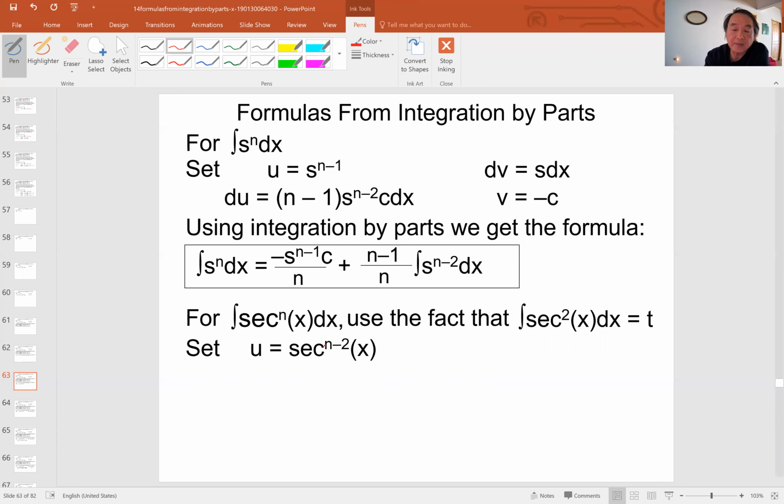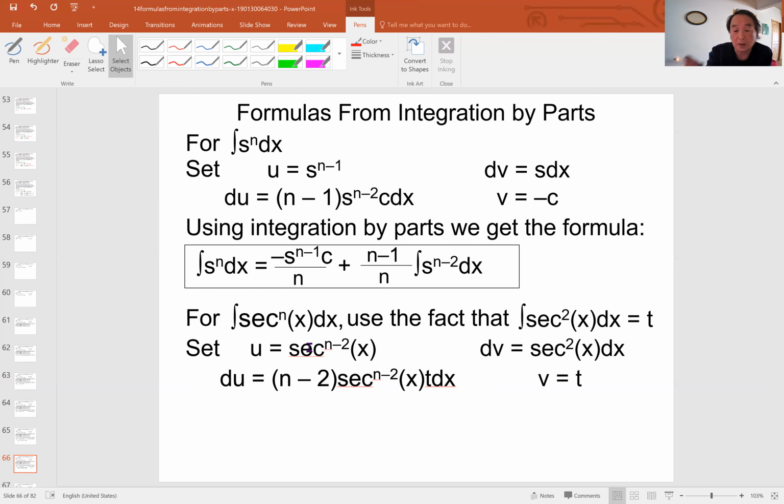So in this case n is bigger than 2, so we're going to separate out the 2 copies to the side with dx, because I know what the antiderivative of that is. That's tangent. So the derivative of secant n minus 2, I know what that is. The part dv I can integrate, and I can integrate secant square. Therefore, I set dv to be secant square, and v is equal to tangent.